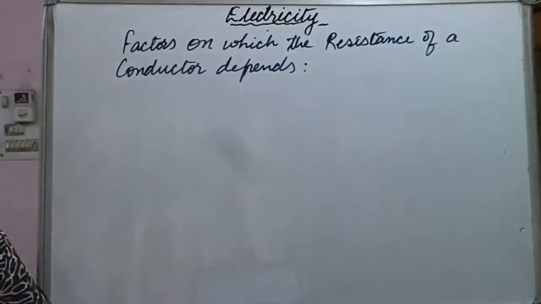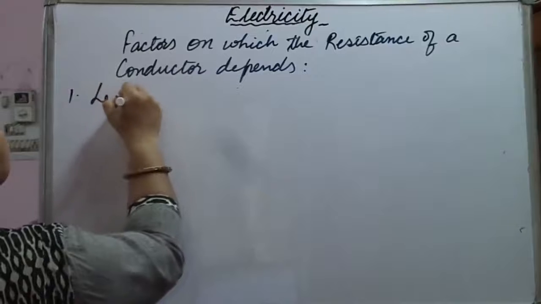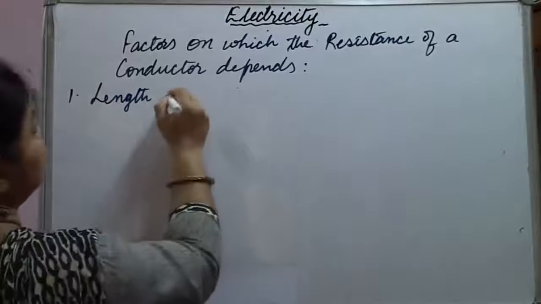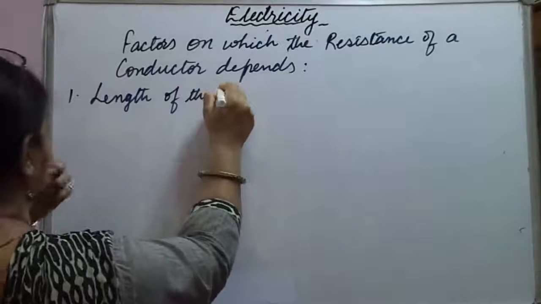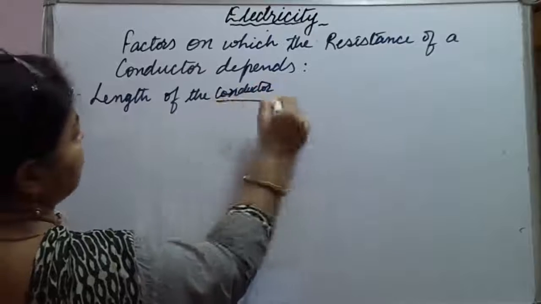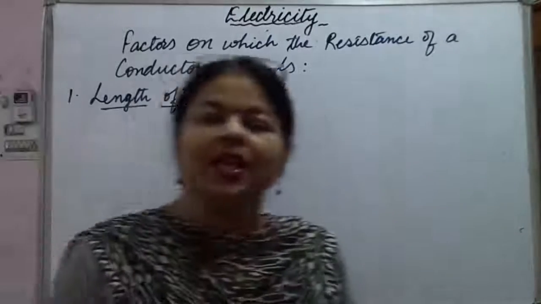Okay, so the first one is the length of the conductor. So the first factor is the length of the conductor.